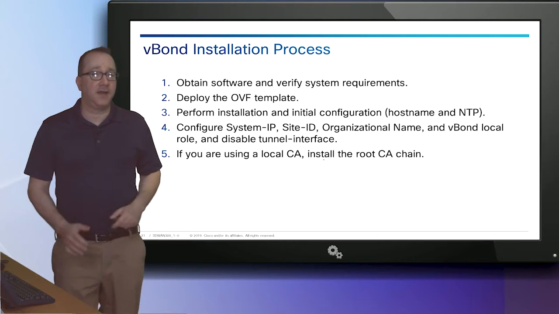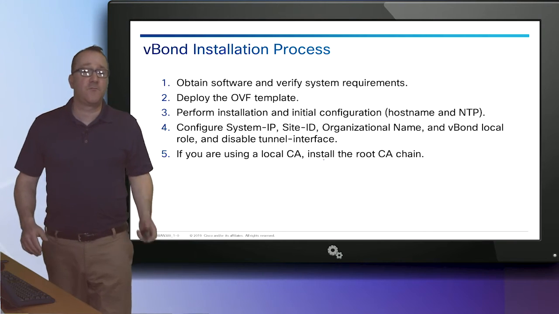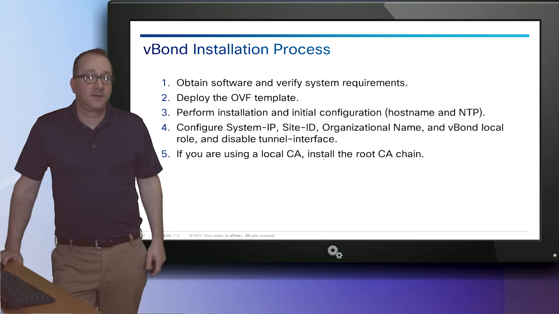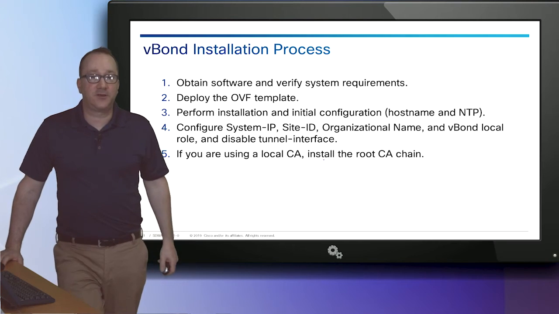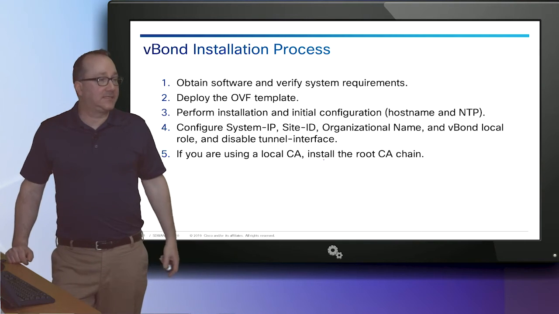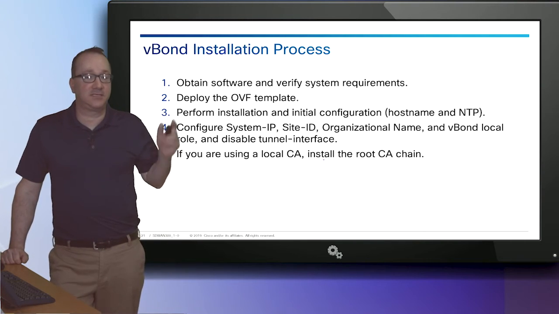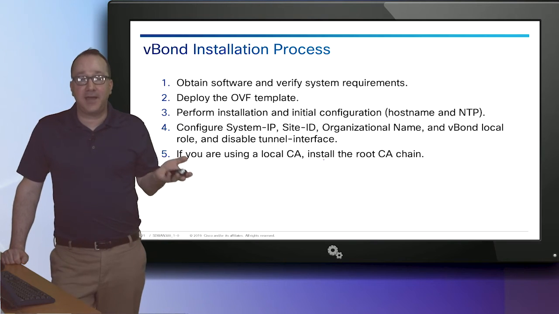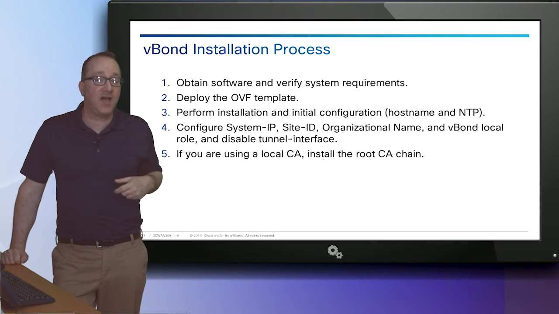Okay, let's talk about vBond. It's remarkably similar. We're going to deploy the OVF software, perform the initial configuration, and configure all that system ID information the same way as vManage. Remember, vBond is the first point of contact of every device in the SD-WAN environment.